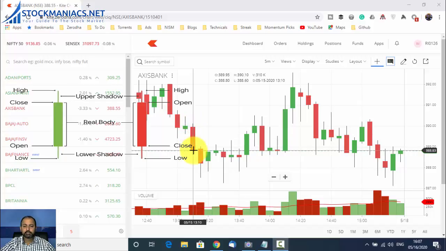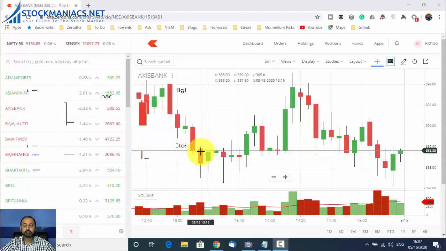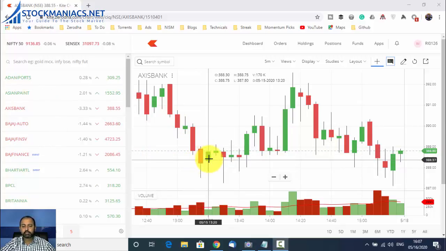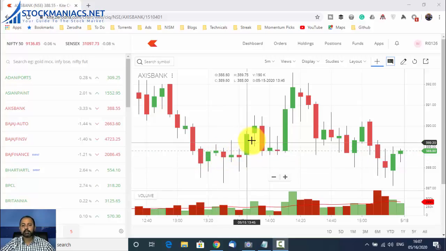So the close is lower than the open, and you can find that the bullish candlesticks are printed in green color and the bearish candlesticks are printed in red color. So you can identify this is a bearish candlestick, this is a bullish candle, this is a bearish candlestick, this is a bullish candle, and so on.